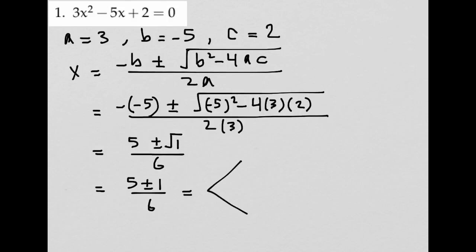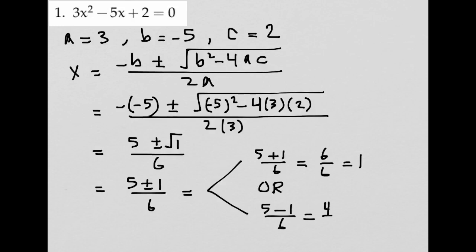This yields two solutions. 5 plus 1 over 6, which is 6 over 6, which is 1, or 5 minus 1 over 6, which is 4 over 6, which is 2/3. Notice these are the same solutions we got by completing the square.